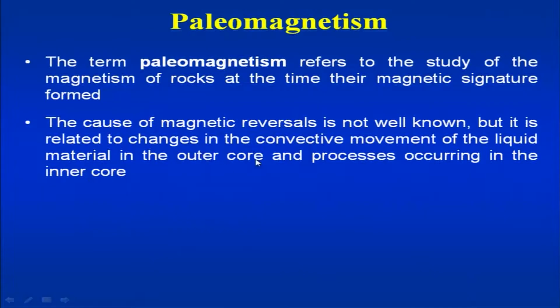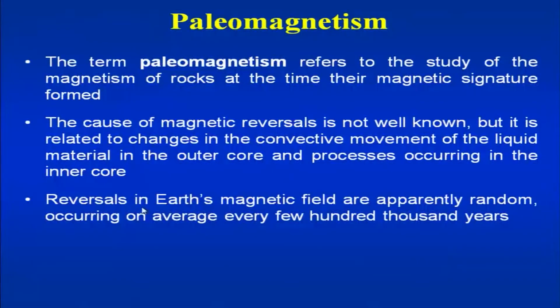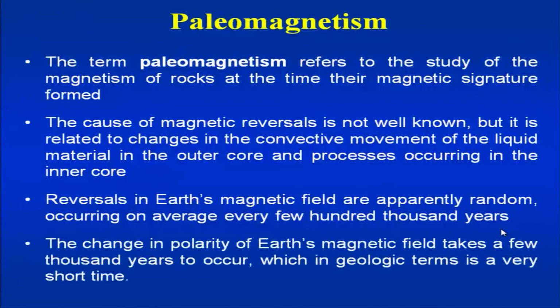So, the convection movement in the outer core can result in magnetic reversal. The reversals in the earth's magnetic field are apparently random. Again, it is not known why, but on average every few thousand years it changes. The change in polarity of Earth's magnetic field takes a few thousand years to occur, which in geological terms is a very short time.